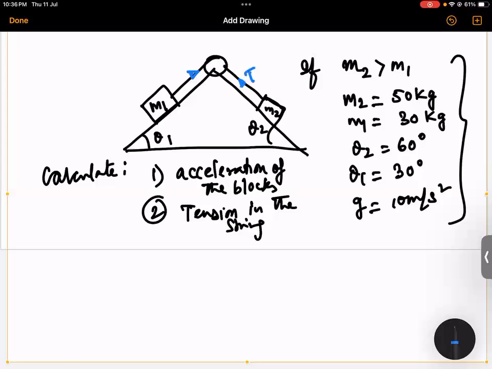Now what did I tell you regarding your inclined plane concept? Whenever you are having an inclined plane, first of all, you draw this M1g cos theta 1 and this is your M1g sin theta 1. I have already told you.